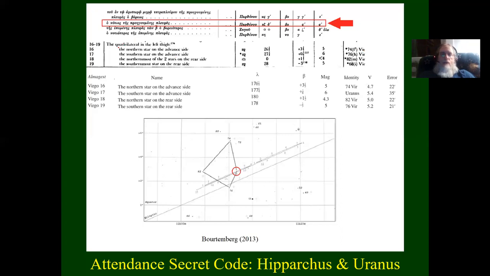But as is indicated, they're supposed to make a quadrilateral, and these 4 stars don't actually make a quadrilateral.